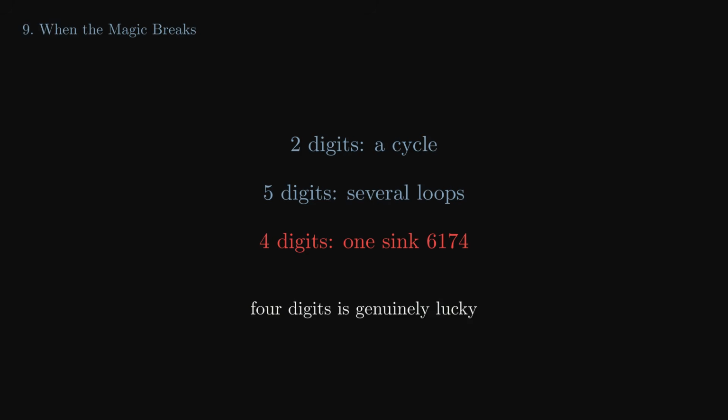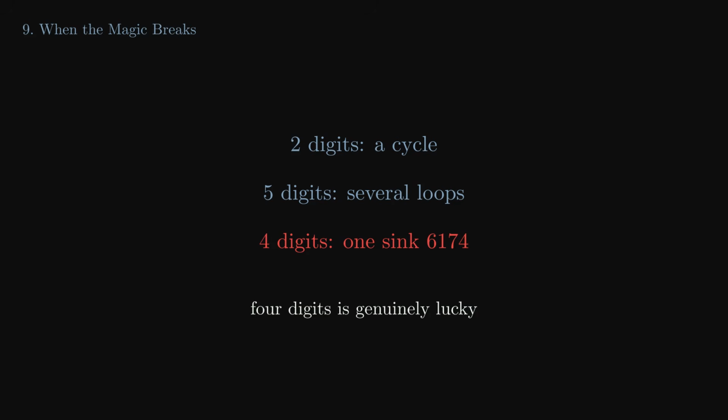Out of all the choices of digit length, it is one of the rare cases where every path, save the uniform digit numbers, funnels to a single point and does it within a tight 7 steps. Kaprekar did not discover a sweeping principle. He discovered a small, precise miracle that lives specifically at 4 digits in base 10 and nowhere obvious nearby.